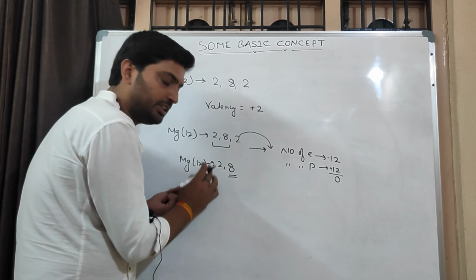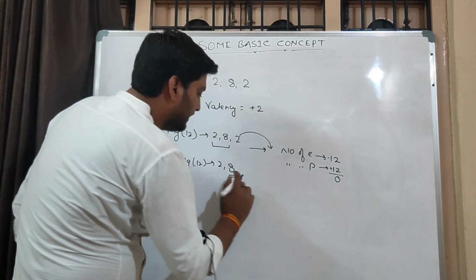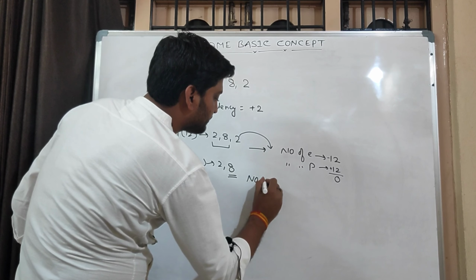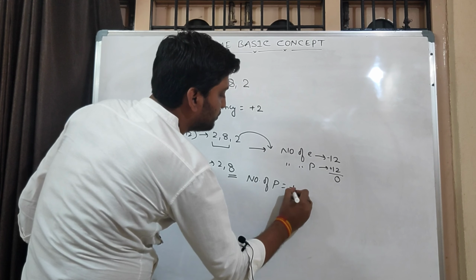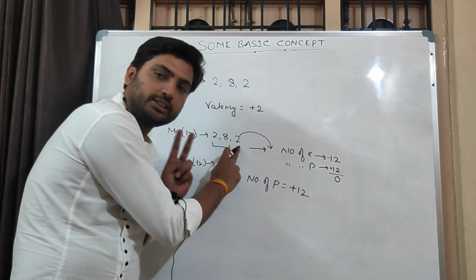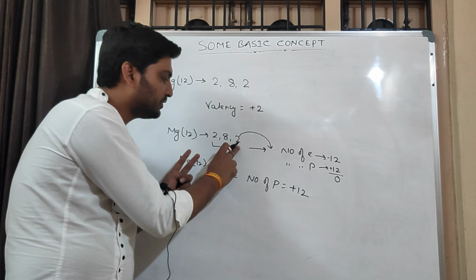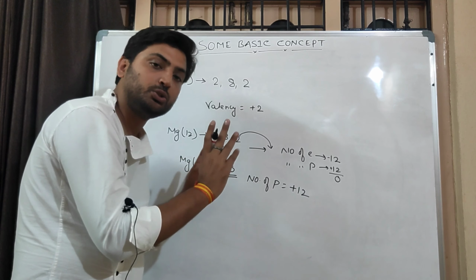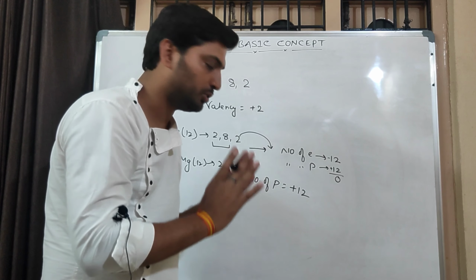Now it has changed into an ion. How? In this case the number of protons is still 12, because it has lost only 2 electrons, not its protons. Magnesium has donated only 2 electrons. So the charge on the protons will still be +12.